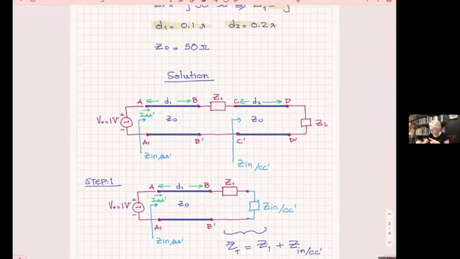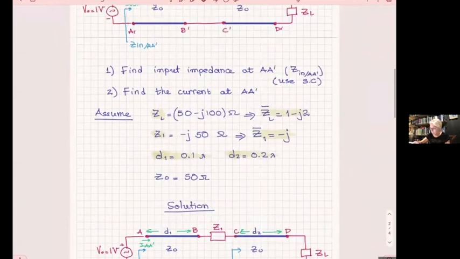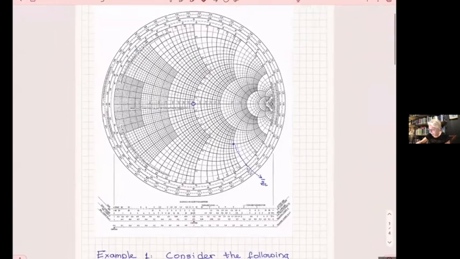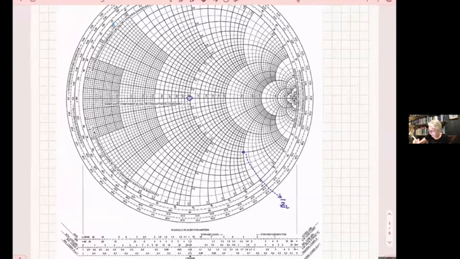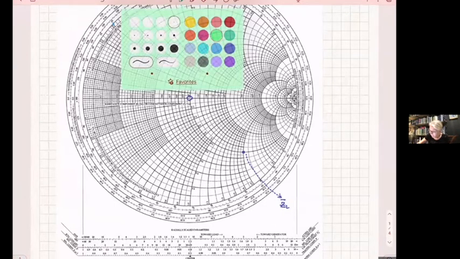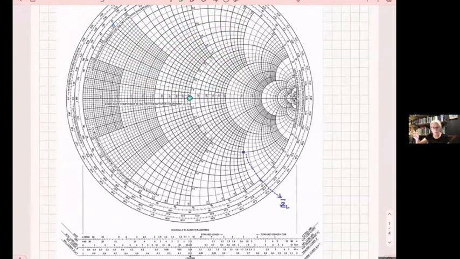I have to move on this, and then I have to stop after 0.2 lambda. So let's try to find the circle of the transmission line. How do I find the circle for the transmission line? It is the circle that has the center at the center of the Smith chart. The center is here, and it goes through this point, ZL.